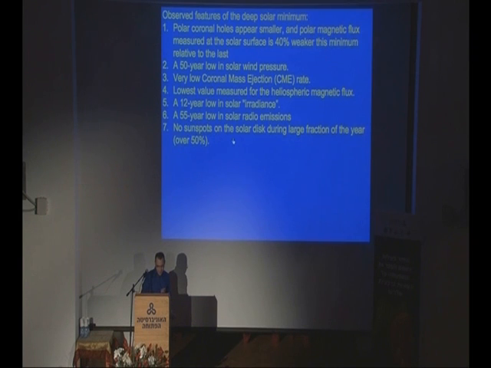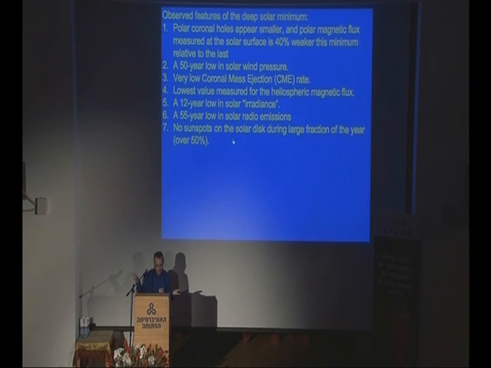There's a 50 year low in the solar wind dynamic pressure, so the solar wind seems to be weaker. Very low coronal mass ejection rate, because we have no sunspots, and that's where CMEs come from. We have the lowest measured heliospheric magnetic flux, so the magnetic field in the solar system near the Earth is the weakest ever measured.